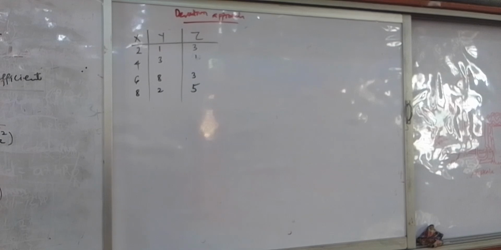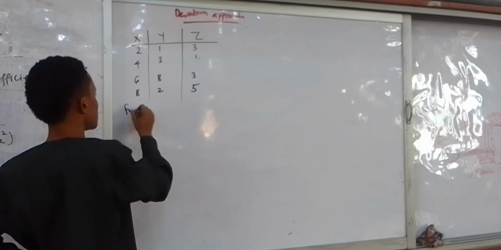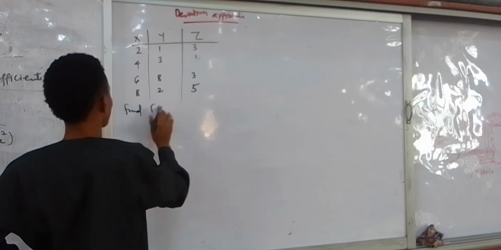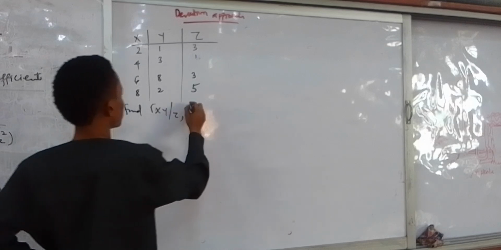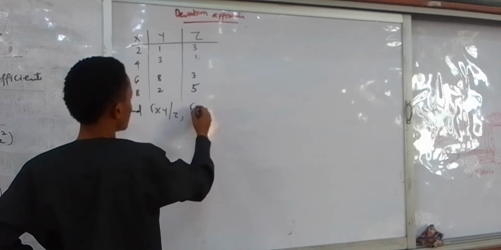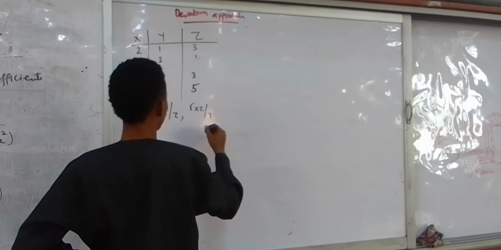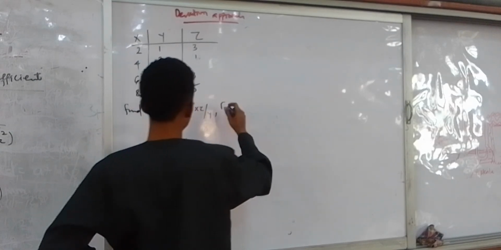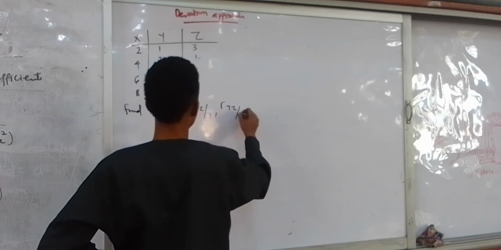This question asks us to find the correlation. Find rxy holding z constant. Find rxz holding y constant. Find ryz holding x constant.